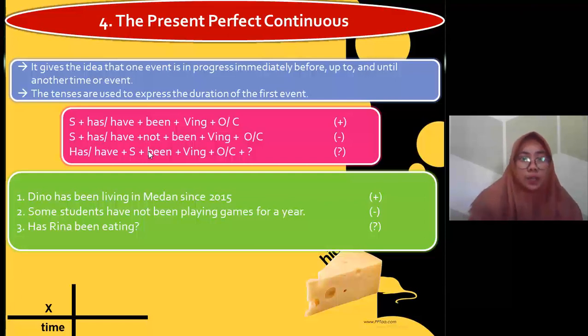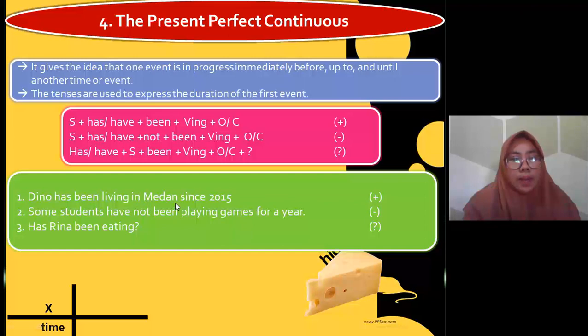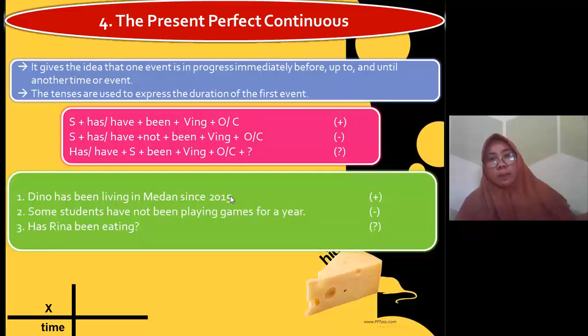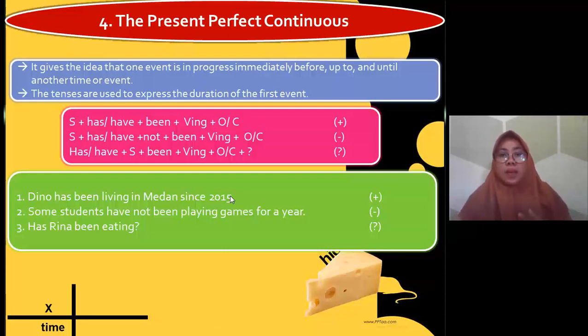So for example here, Dino has been living in Medan since 2015. Okay. Dino telah sedang tinggal di Medan sejak tahun 2015. Jadi Dino dari dulu 2015 hingga sekarang dia telah sedang, berarti telah sedang, udah dari dulu sampai sekarang masih sedang dia berada di Medan, tinggal di Medan.